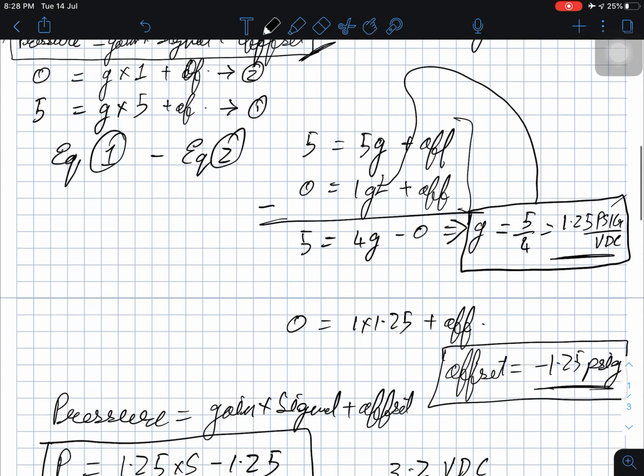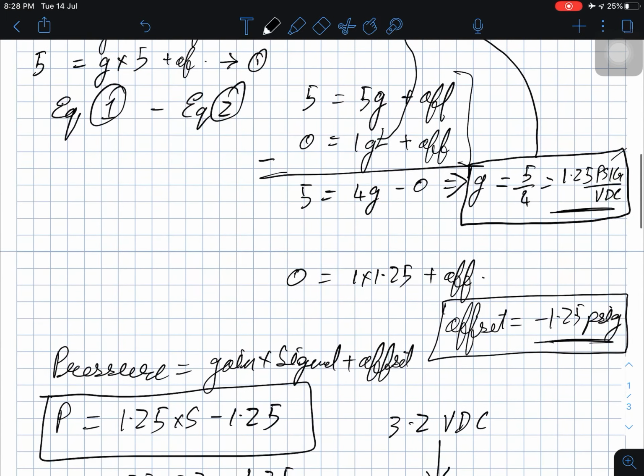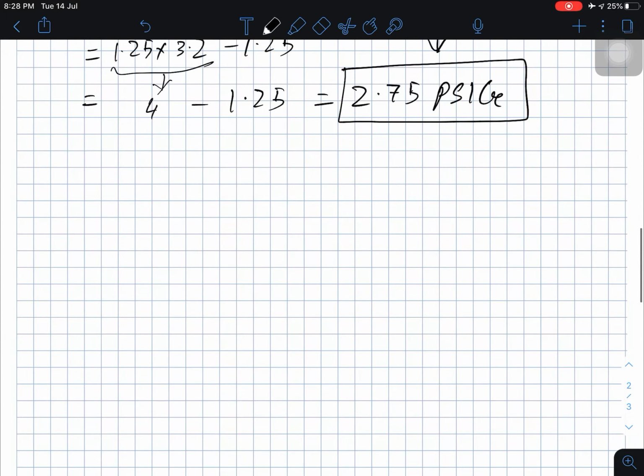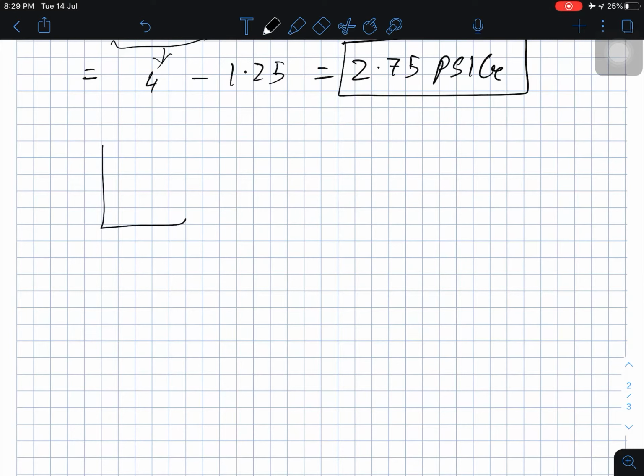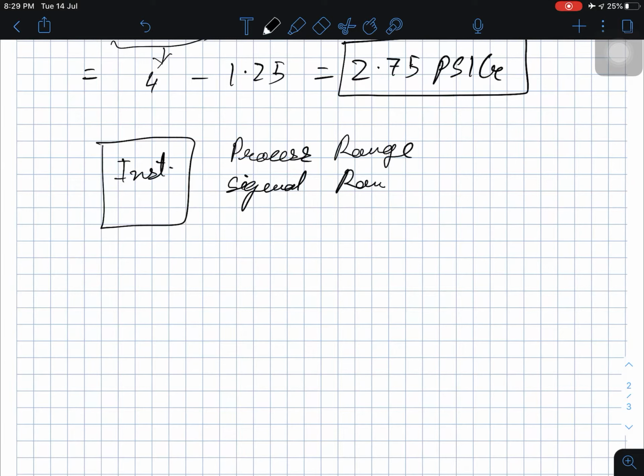So basically in this process, what we have learned is that in any instrumentation, if you have any instrument and you have its process range and signal range, you can find out its gain and offset.